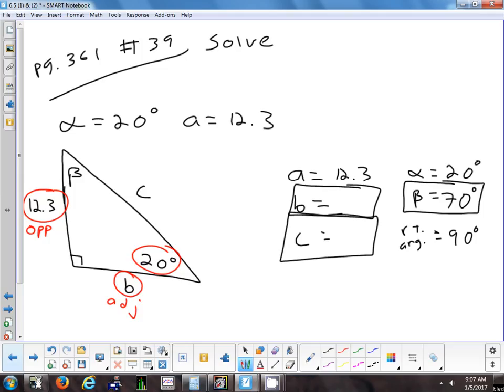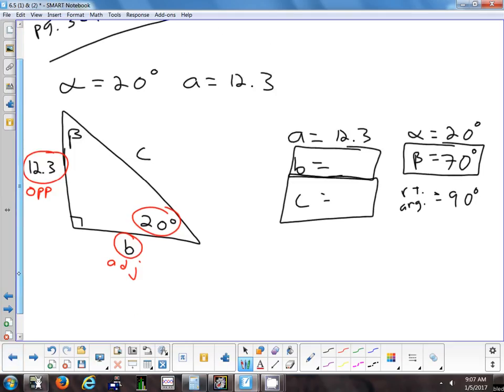All right, so now we know the names of the two sides. We need to figure out what trig function that is. Tangent. Okay, so we're going to set up our equation. Tangent of, what's the angle that I'm dealing with here? 20.